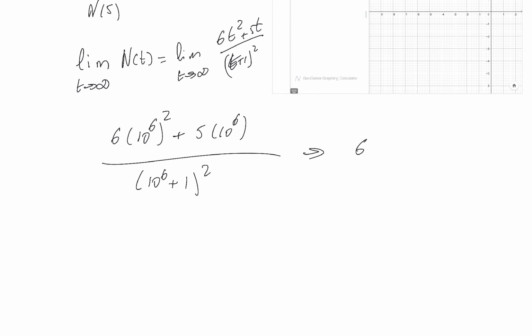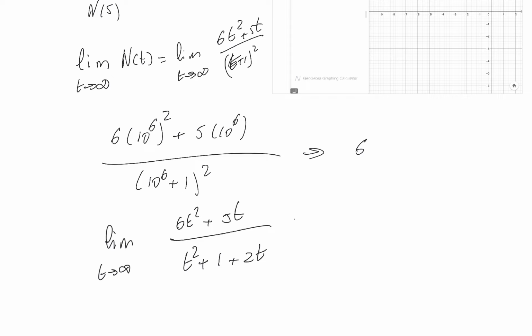Okay, so now let's calculate. To calculate this, it is the limit when t goes to infinity of 6t squared plus 5t divided by (t plus 1) squared, where (t plus 1) squared is t squared plus 1 squared plus 2t.